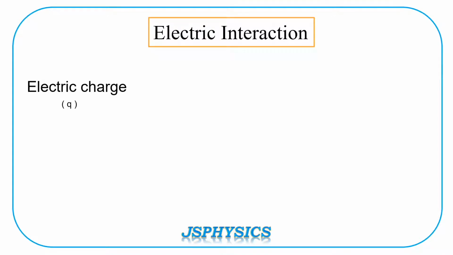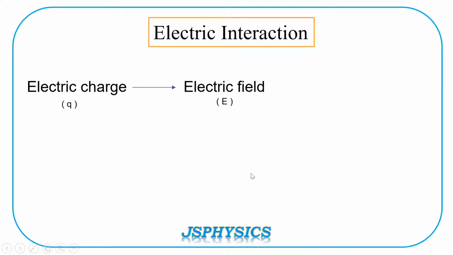So, when we take a single electric charge Q, what does it do? It creates a field in the surrounding region which we call electric field. That means any charge is capable of producing an electric field in the surrounding region.